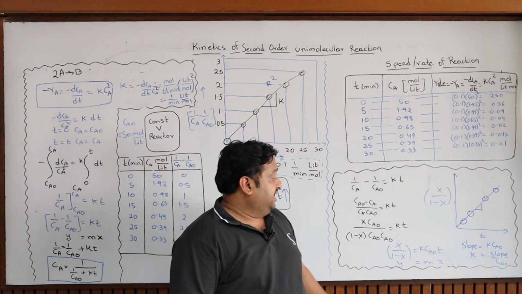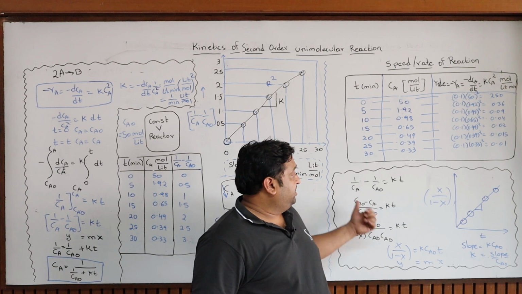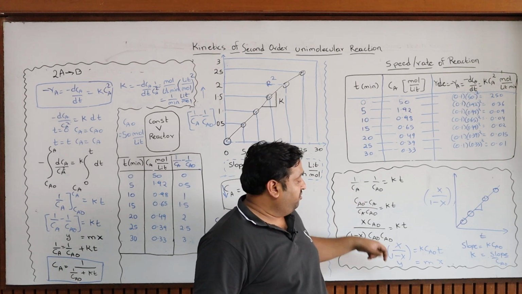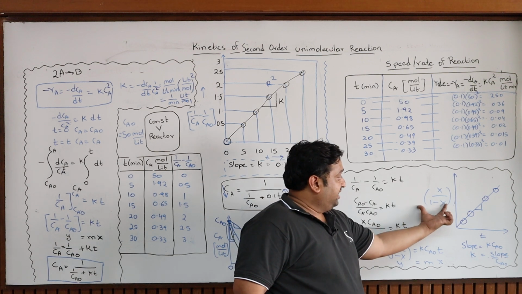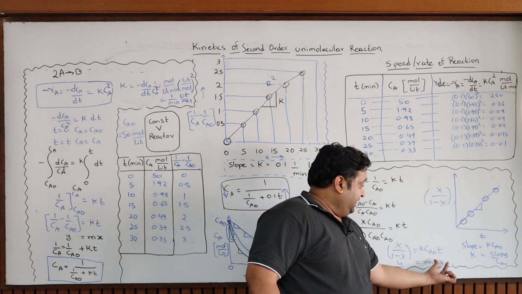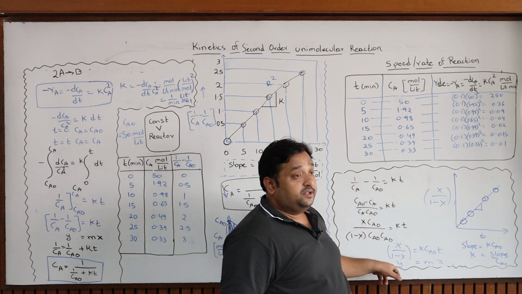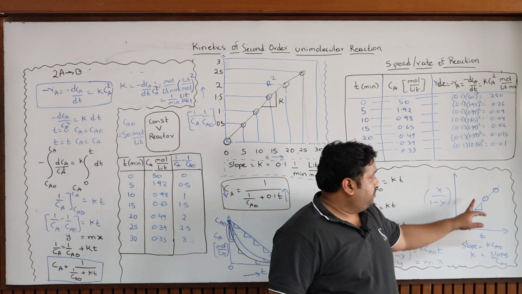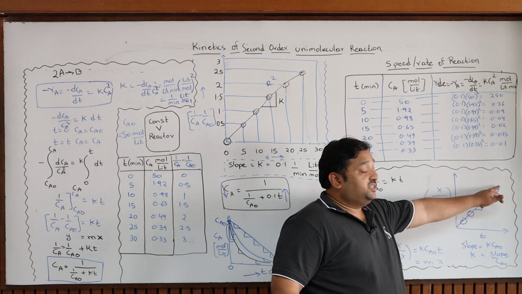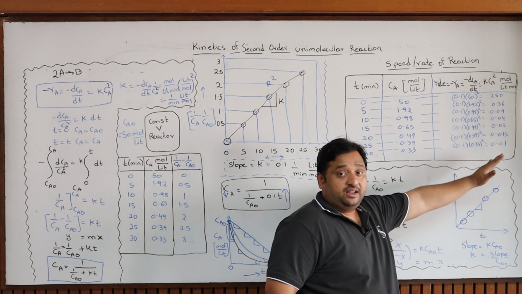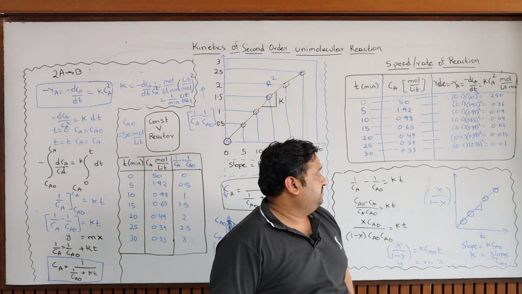Now you can see this equation is in terms of conversion, while the earlier one is in terms of concentration. Now you have to plot y equal to mx. The y is x by 1 minus x on the y axis, and the time is on the x axis. Now if you plot the graph and the experimental points match a line, that means the assumption we have taken based on the model is correct.